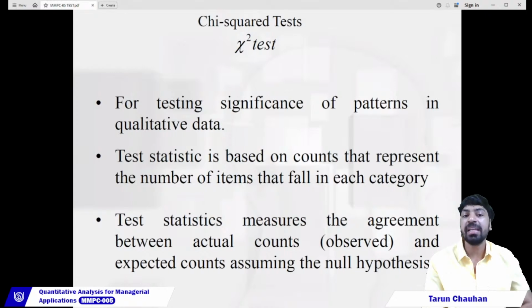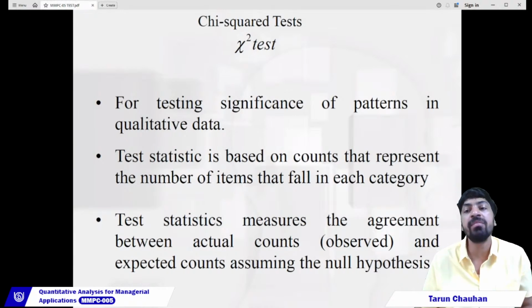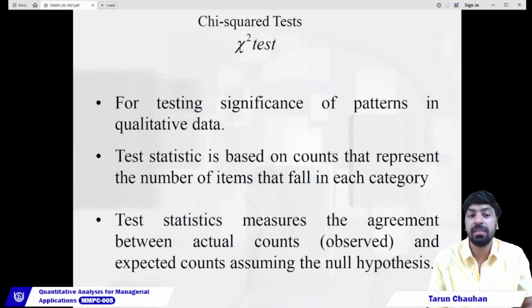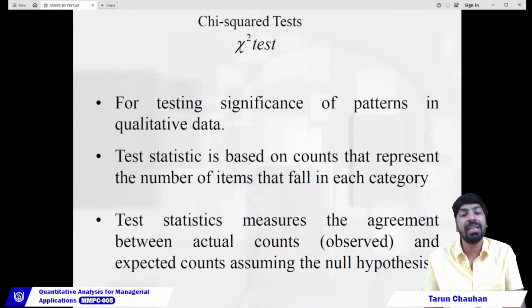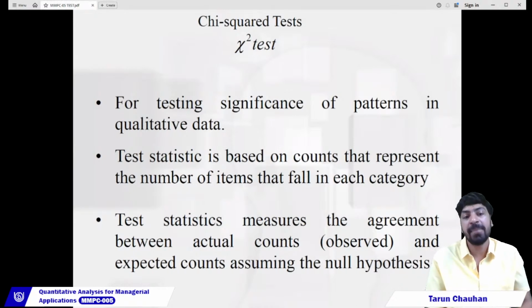The chi-square test is mainly used to test the significance of the patterns in qualitative data. For example, the patterns of changes in awareness level, knowledge level, perception level, or experience level, where such variables are qualitative in nature, then the chi-square test will be applied.